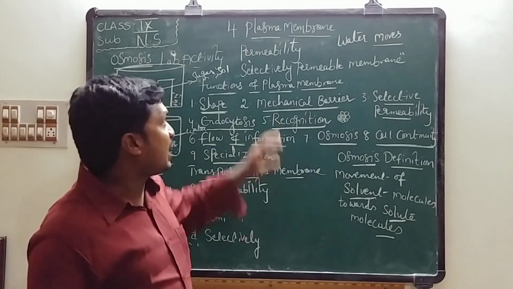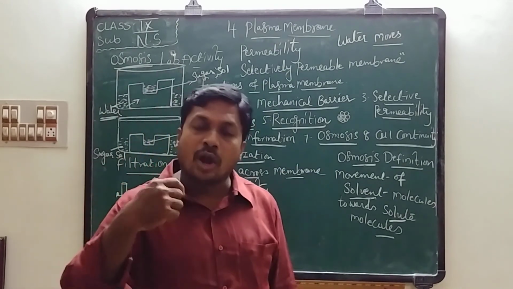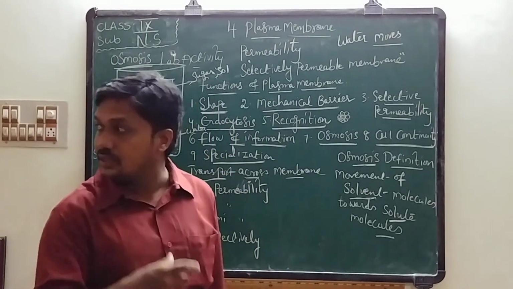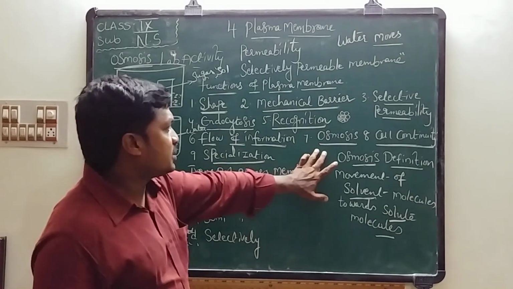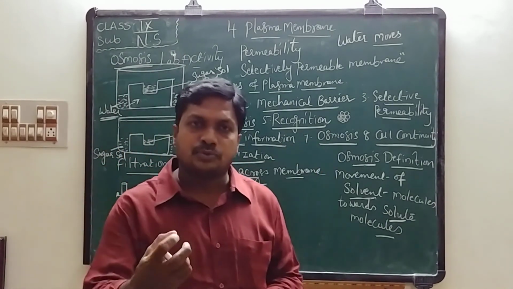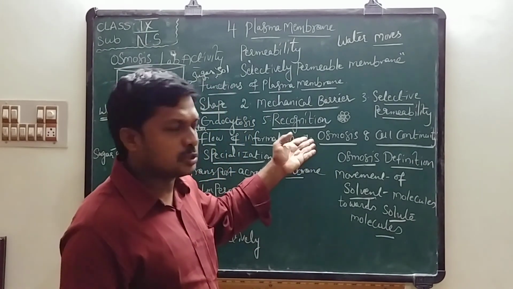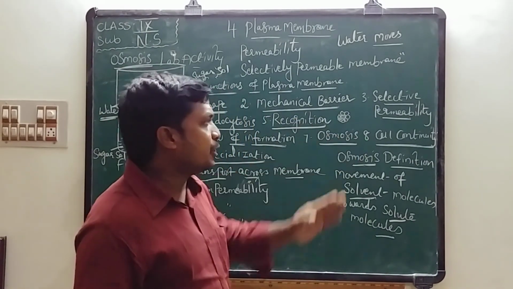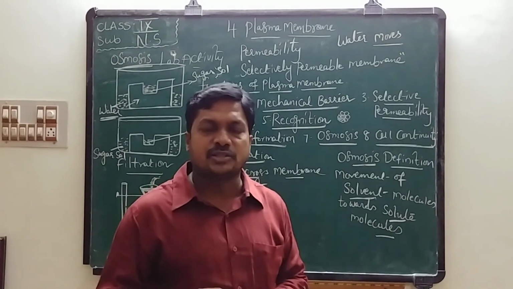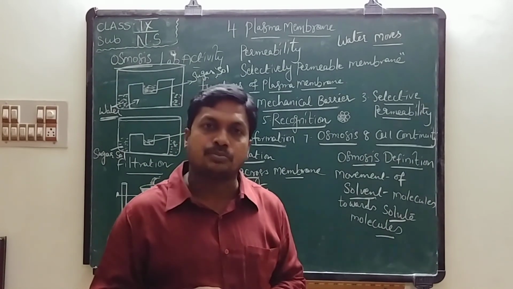Flow of information: plasma membrane also sends wanted information to other cells. Osmosis: plasma membrane absorbs solvent molecules like water, needed materials, in the process of osmosis. Cell continuity: they have special regions known as plasmodesmata.